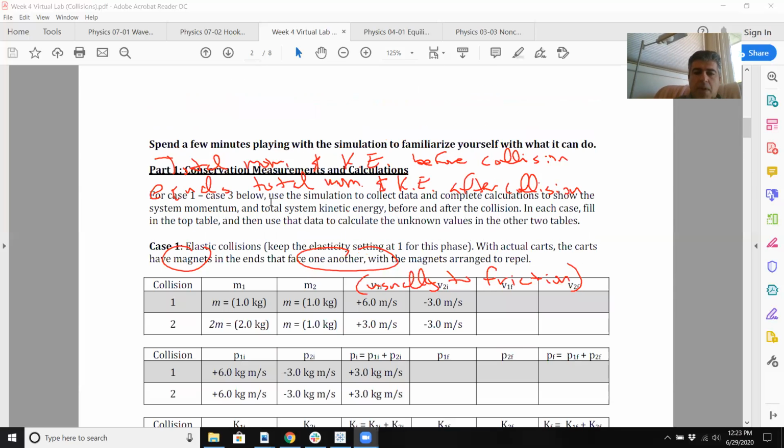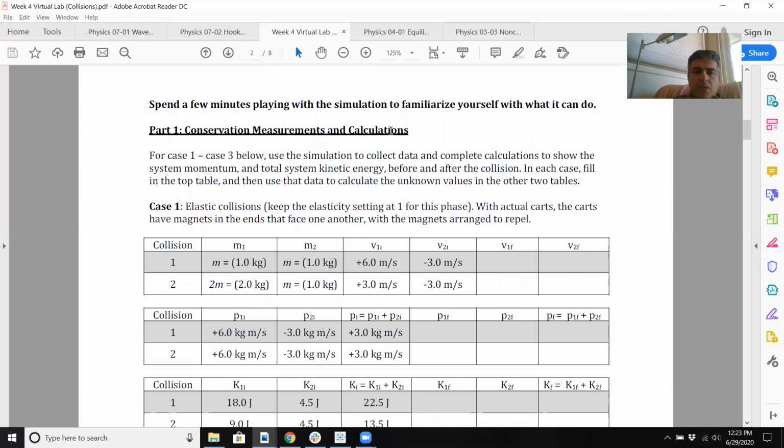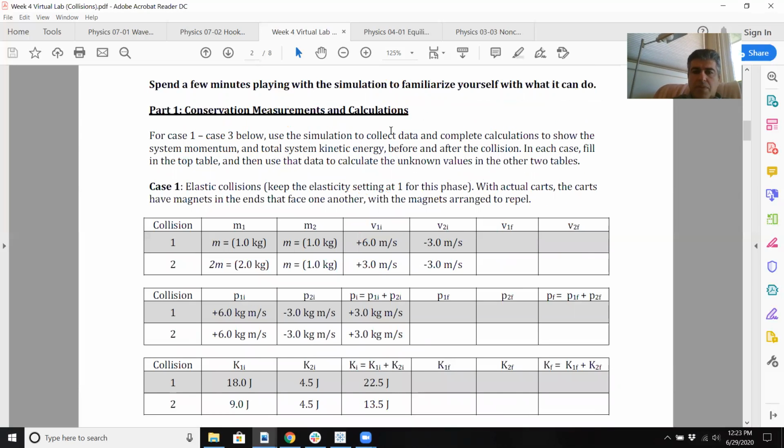So now let's actually play around with the simulation. I'll play around a little bit with it and then let you guys do that in groups. So spend a few minutes playing with the simulation, familiarize yourself with what it can do. And I guess they're saying here for cases 1 through 3, collect data and complete calculations to show the total system momentum and the total system kinetic energy before and after collision.